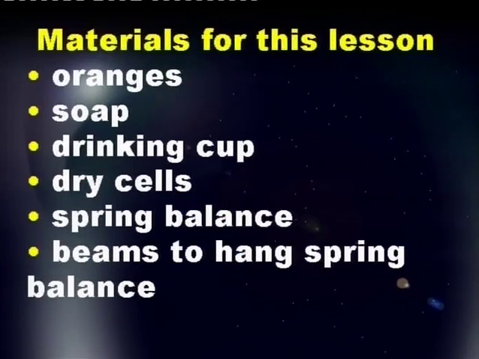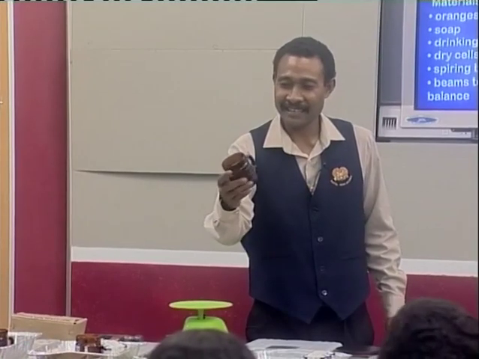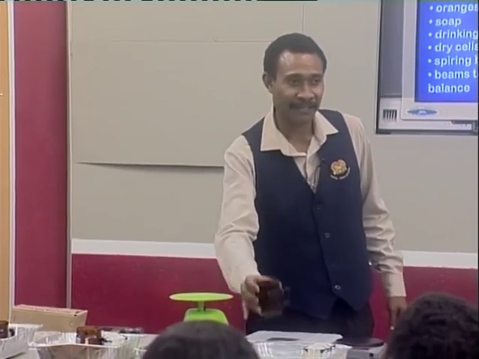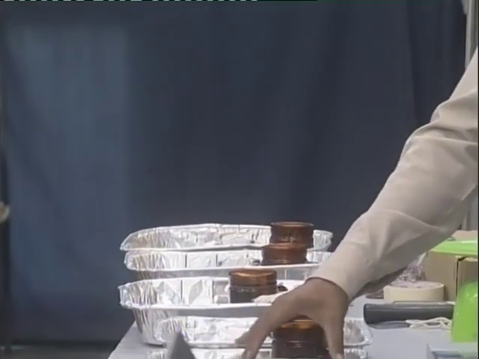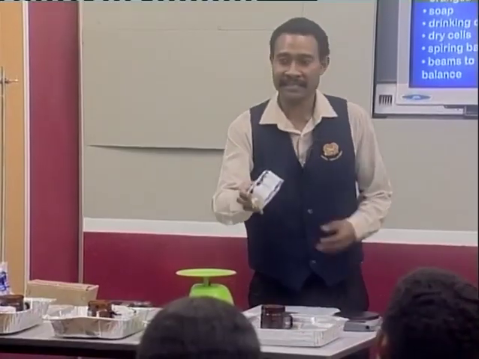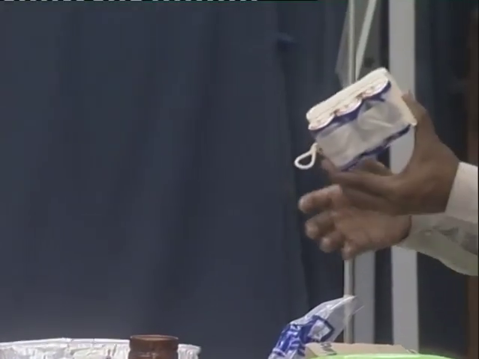The materials needed for this lesson, what we have now is, we don't have oranges, we have soap. If you can bring a drinking cup, and in this case we are using the coffee bottles here, which can also be used as cups. And we have dry cells, 6 of them taped together.